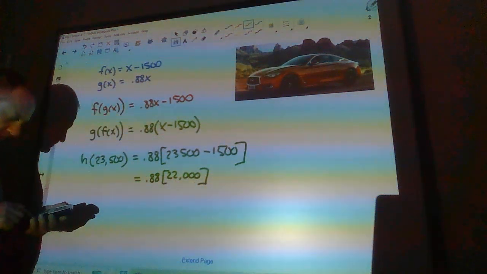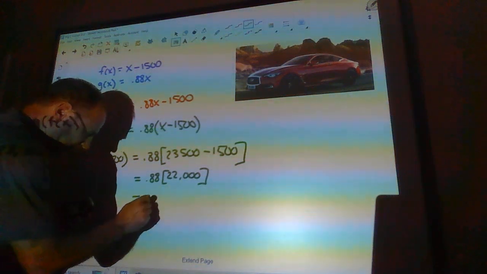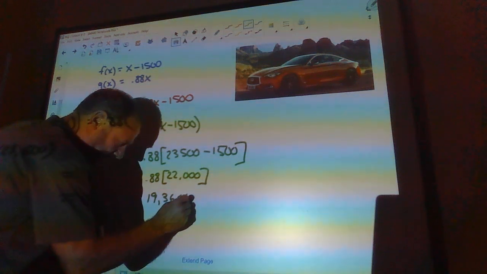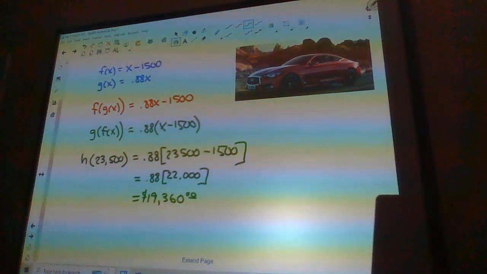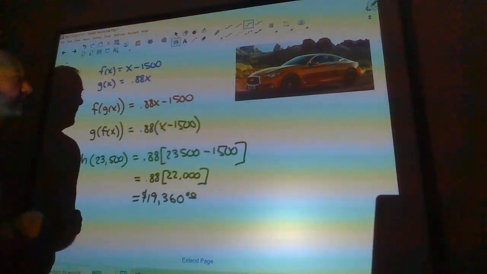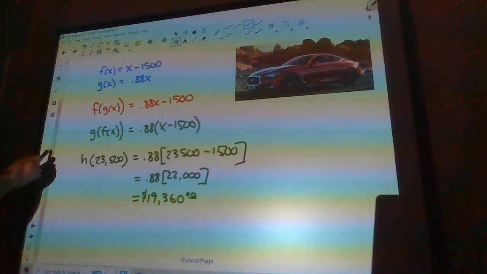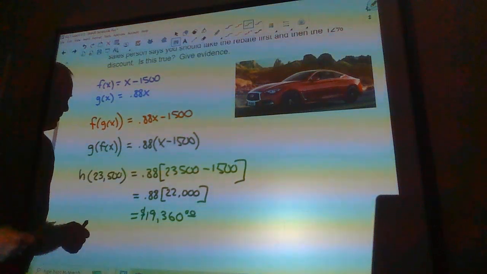And then taking 88% of that means that the car would cost you $19,360. Okay, again, that's taking the $1,500 rebate first, and then taking the 12% discount after that.